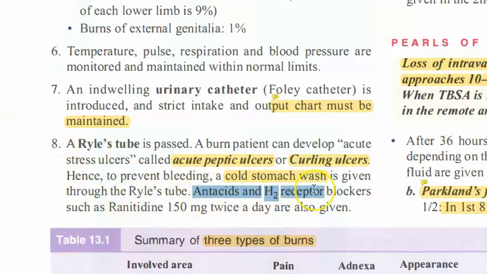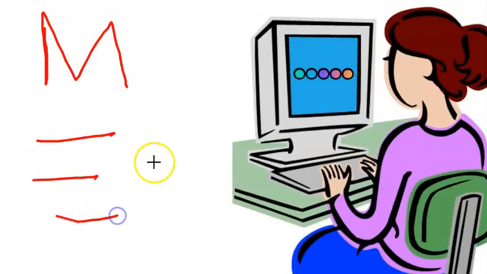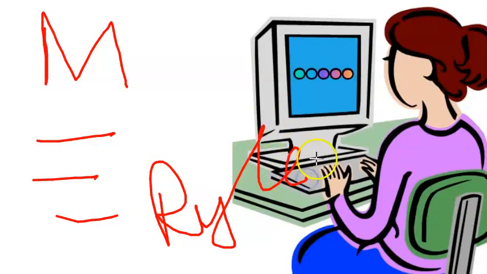Antacids and H2 receptor blockers such as ranitidine are given basically to control acidity. So you learned something now. What did you learn, guys? Management of burns. Here they are talking about Ryle's tube, so that you do a stomach wash and the person doesn't get those Curling ulcers.